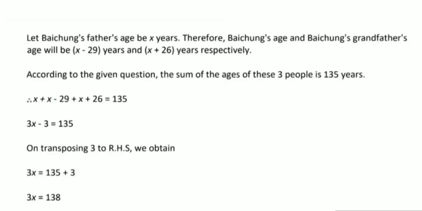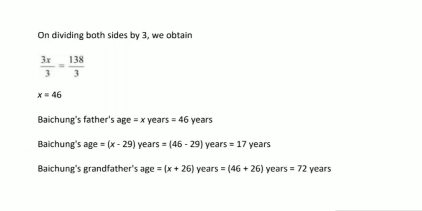So 3x is equal to 138. Now on dividing both sides by 3, we obtain 3x upon 3 is equal to 138 upon 3. So 3 and 3 cancel. What is left here? x is equal to 46.